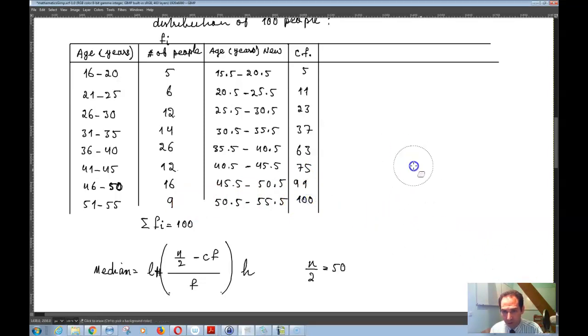And now you need to go for the class that has the cumulative frequency higher than n divided by 2, which is this class over here. This is your median class.